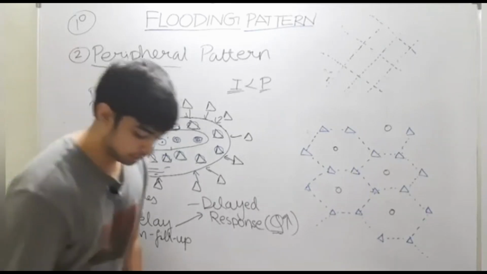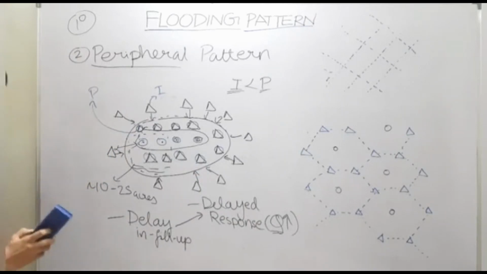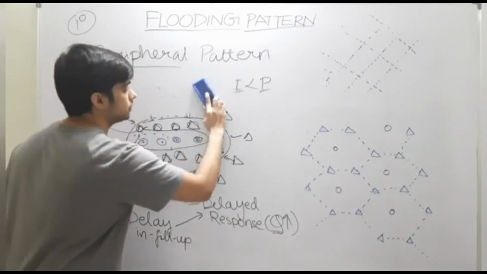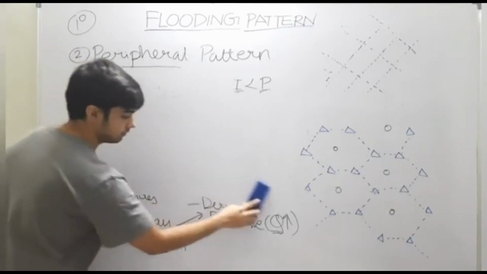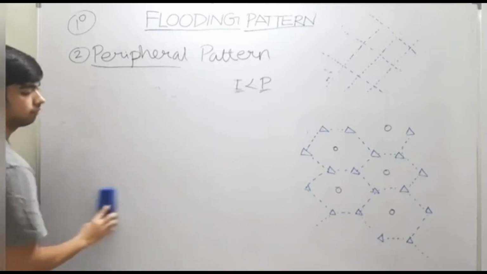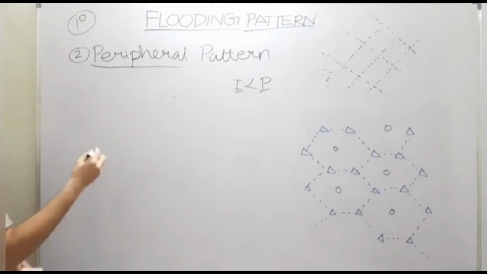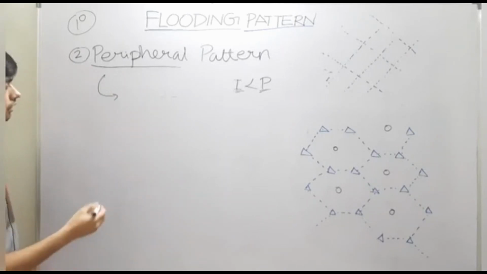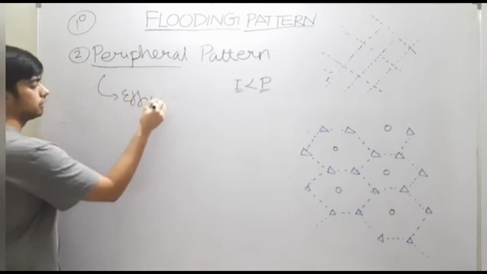Now there's one more thing, that in such type of patterns, let me draw another picture. Yeah, before that I would like to mention that it is one of the efficient flooding patterns.